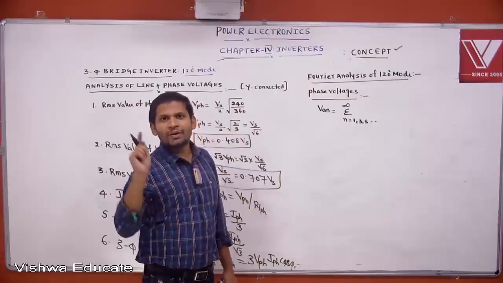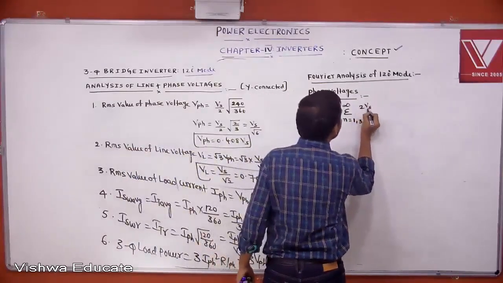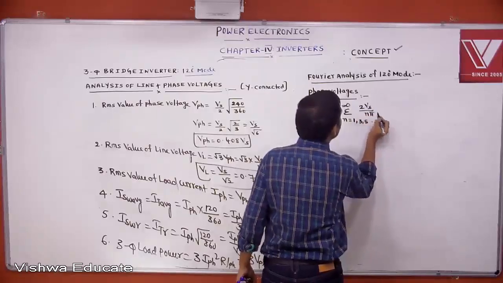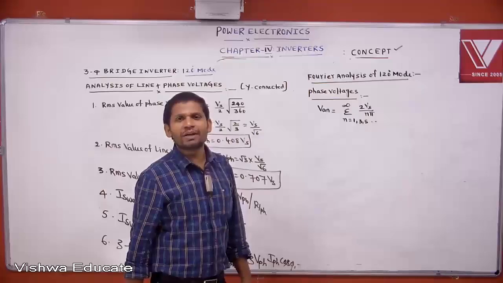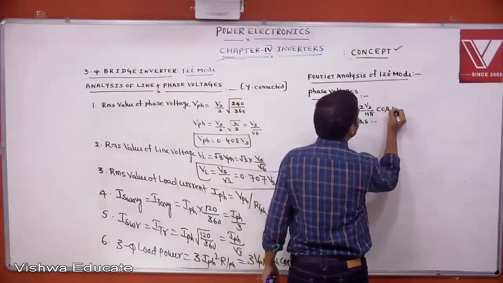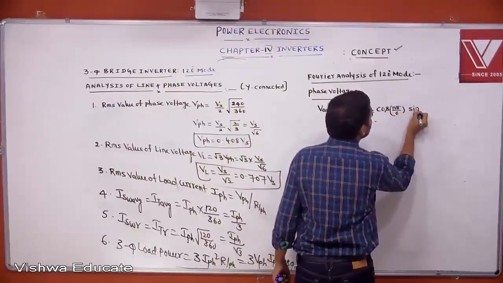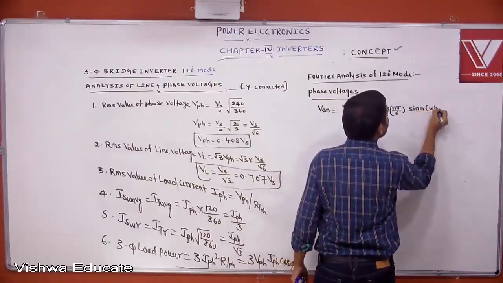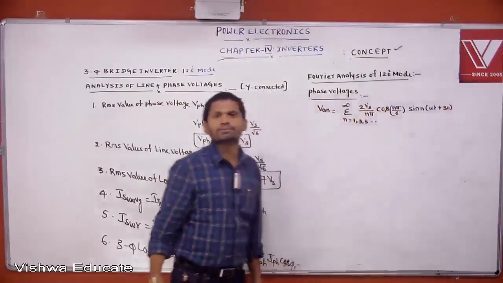One phase is nothing but one half bridge. For one half bridge, what is the formula? 2 Vs by n pi. Up to this you know. But whatever the phase voltage waveform we are getting in 120 degree mode, it is a quasi square waveform. Because of quasi square waveform, what you can get? Cos of n pi by 6. Then by using Fourier analysis, we can get sin of n omega t plus 30.